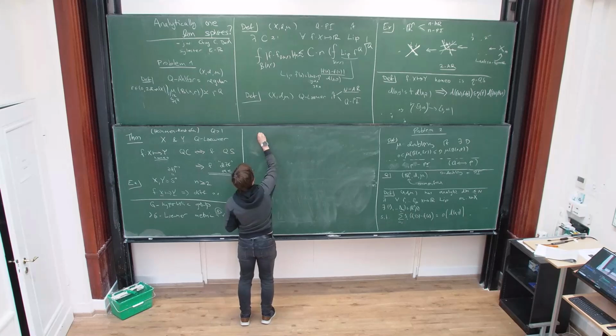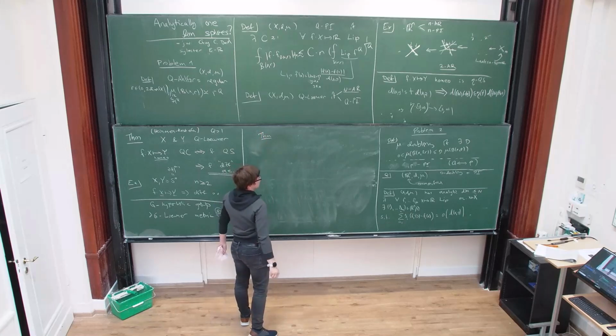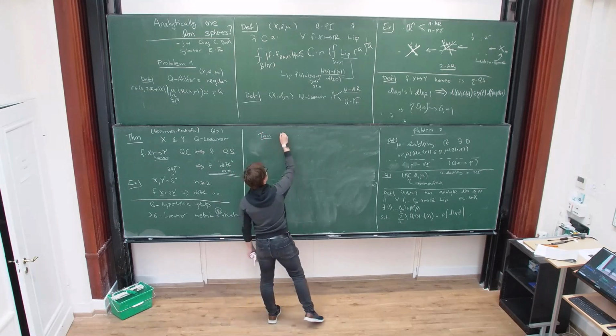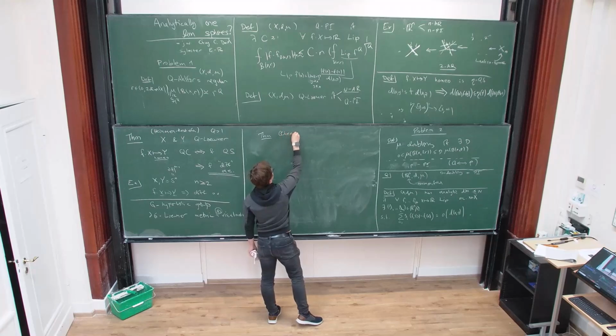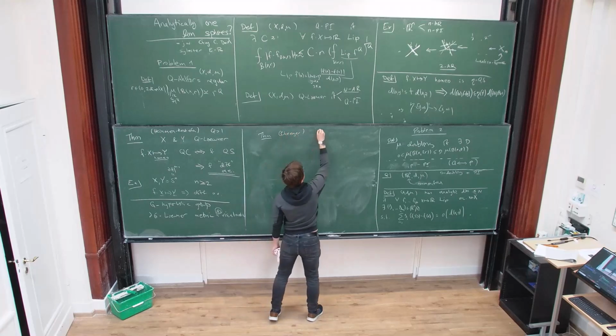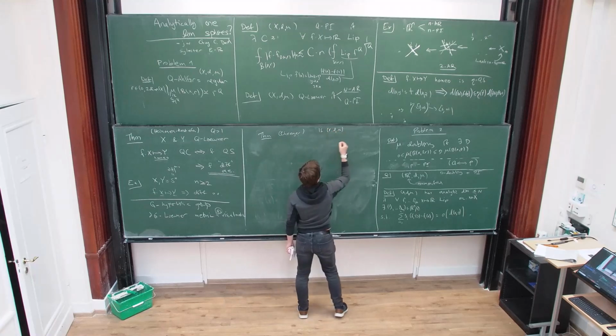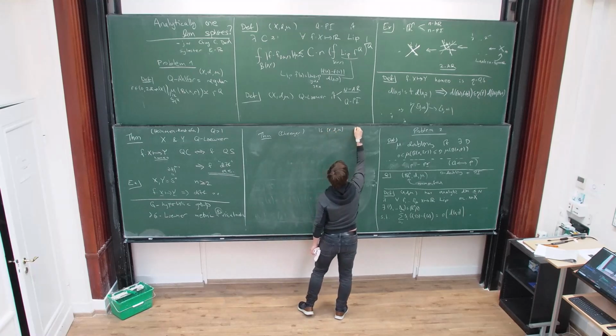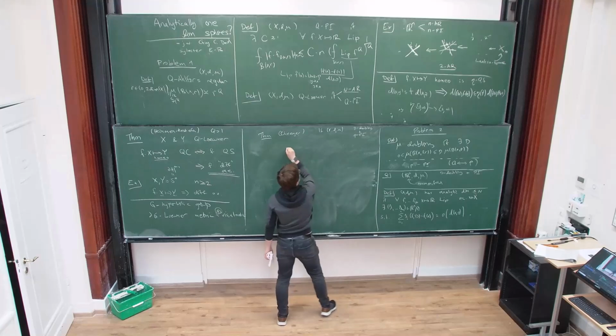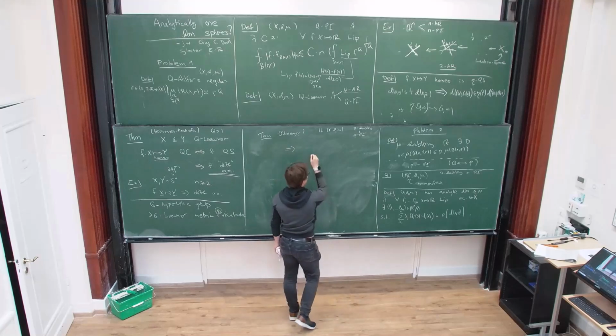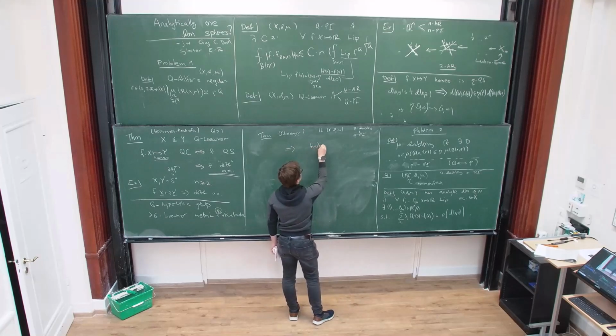And now, a funny way of expressing a famous theorem of Jeff Cheeger is that if mu is doubling plus you have this Poincaré inequality, then you have a finite analytic dimension.